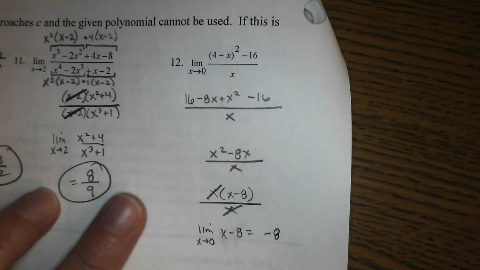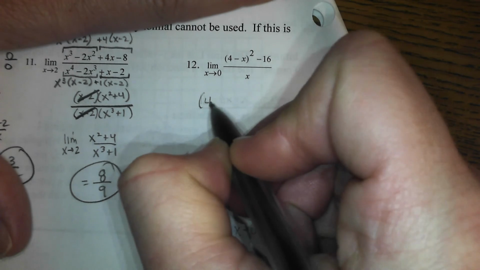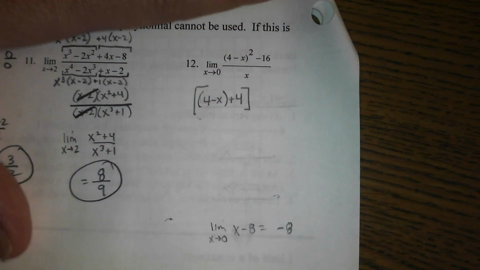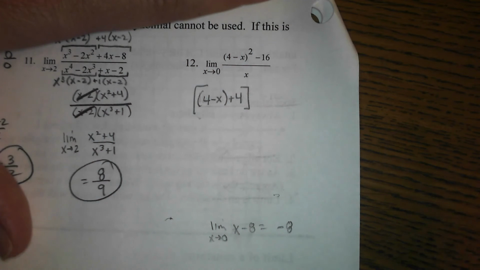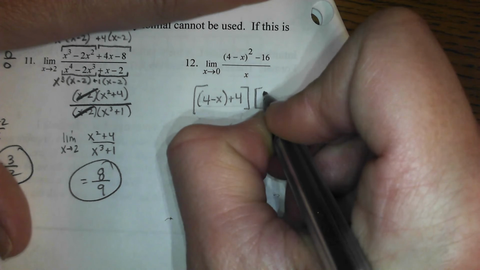Okay, so that's fine. I just was curious. I'll show you what I was wondering if any of you noticed. If I do this, what am I doing? You don't like the parentheses and brackets?